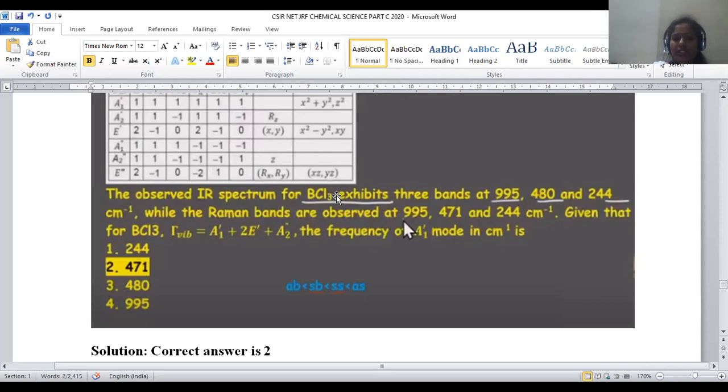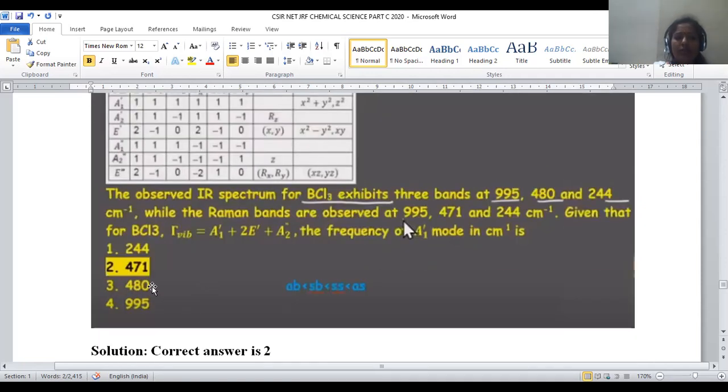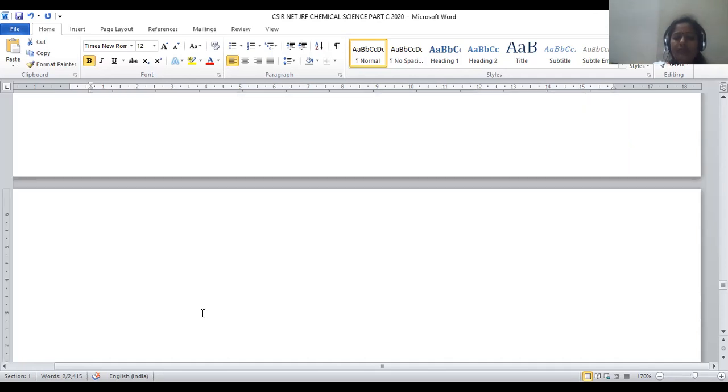Whenever we perform symmetric stretching, the dipole is 0. That's why it is IR inactive and Raman active. So only Raman spectra is applicable, and the corresponding value will be 471. This will be the right answer. For question number 106, option number 2 will be the right answer.